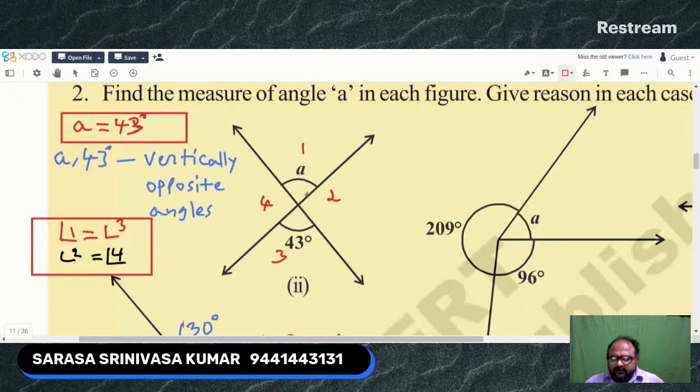In this second diagram, we have two pairs of vertically opposite angles. Angle 1 and angle 3 are equal and these are vertically opposite angles. Next, angle 2 and angle 4 are vertically opposite angles. These are equal. Now let us consider another problem.